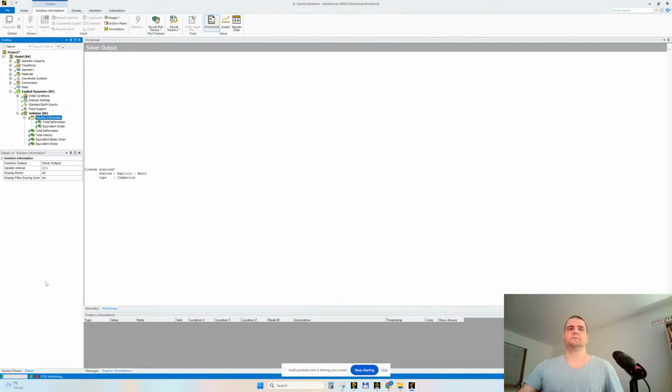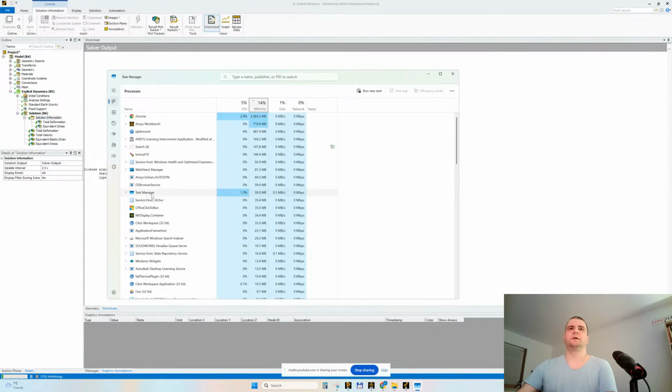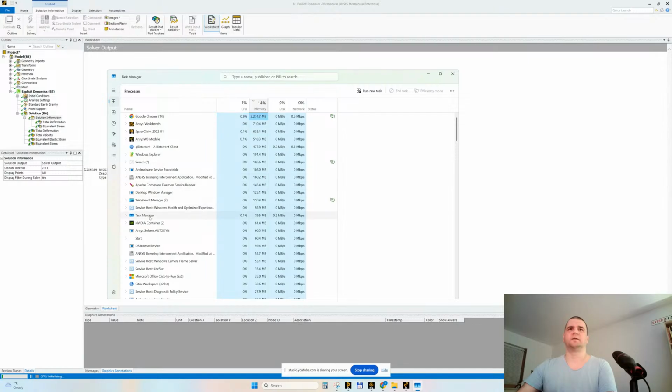Yeah, here it needs to be interrupted. So Control-Alt-Del, Task Manager. We're looking for the solving executable, which is something like Autodyne. Can we see it or not?